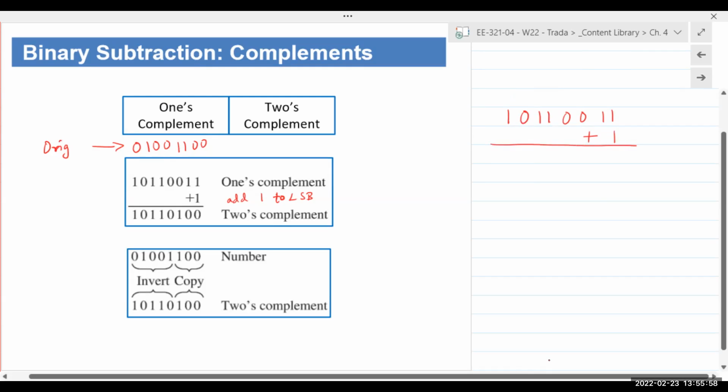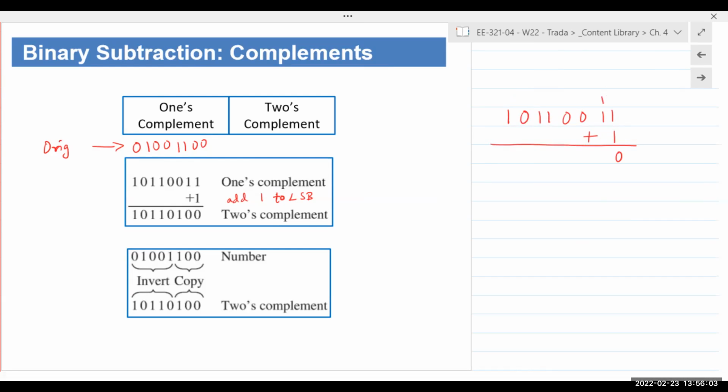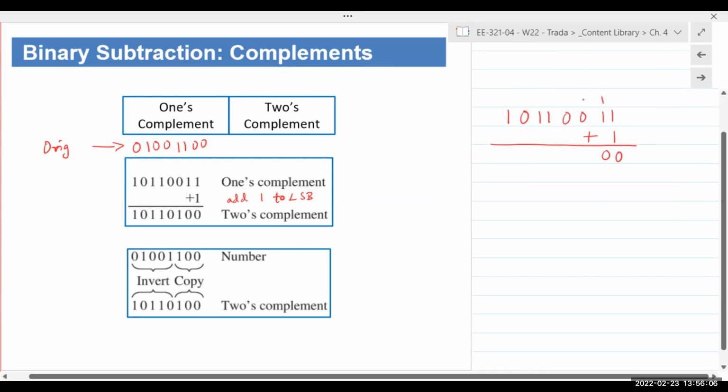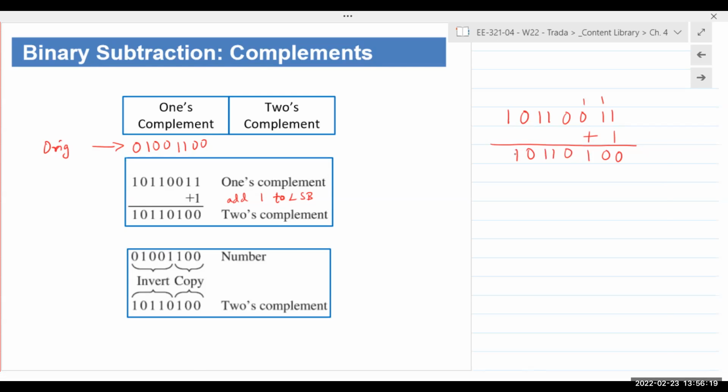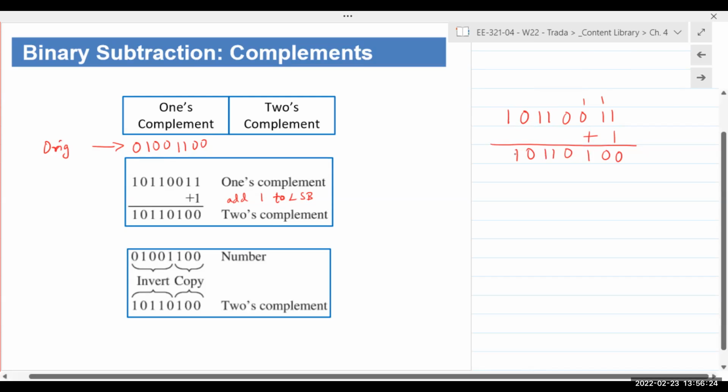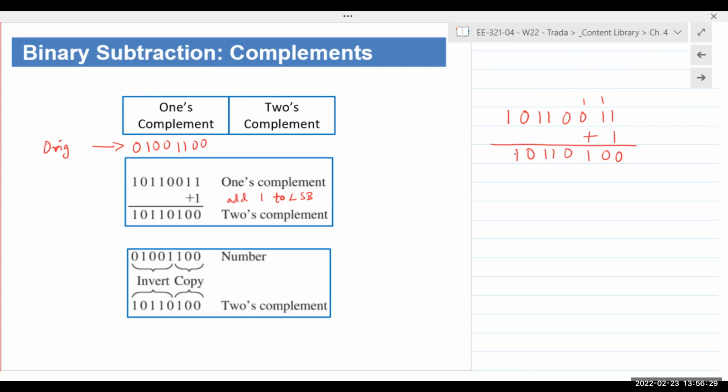So take the least significant bit, 1 and 1 gives us 1 0, carry forward 1. 1 plus 1 again gives me 1 0, so a sum of 0 and carry 1. 1 plus 0 now gives me 1 0 1 1 0 1. And that's how you arrive at the twos complement. 1 plus 1 gives me 1 0, 0 here, 1 carry forward. 1 plus 1 again gives me 1 0, right? 1 is carried over here, and so on and so forth. It's elementary school math. The number system is different, but it's still elementary school math.